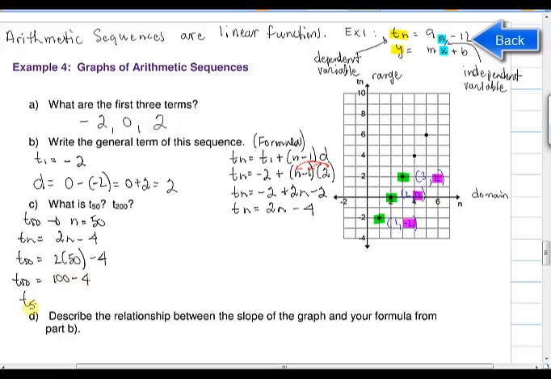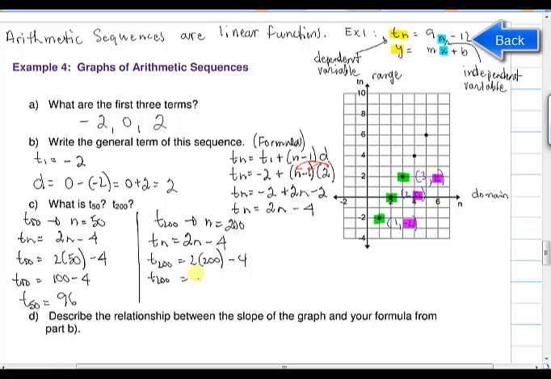So t subscript 50 is 96. And then for t subscript 200, we can see that n equals 200. So we start with our general term, plug in 200 for n, and we get that t200 is 400 minus 4, so t subscript 200 is equal to 396.